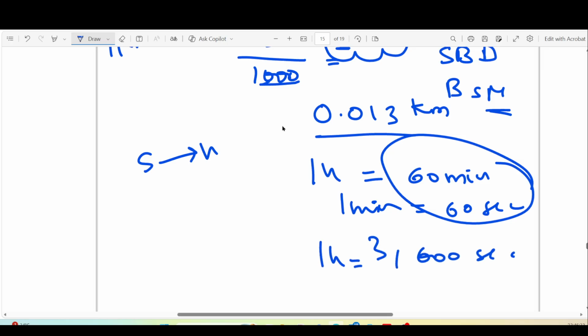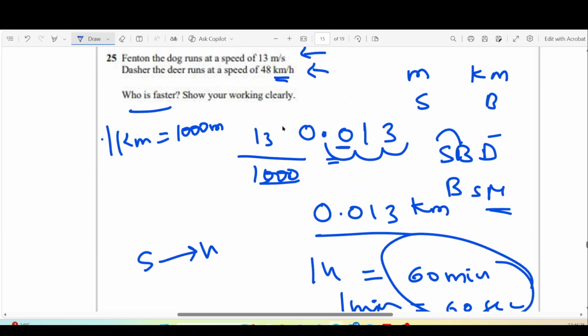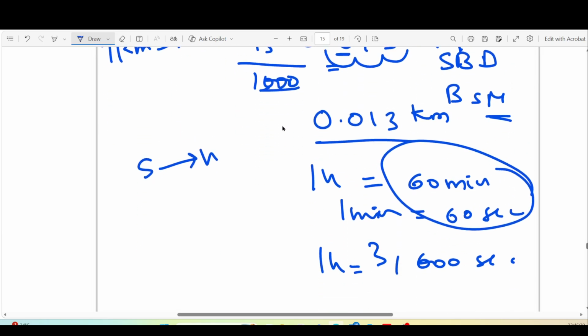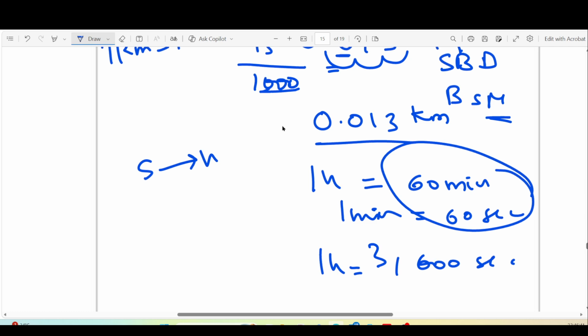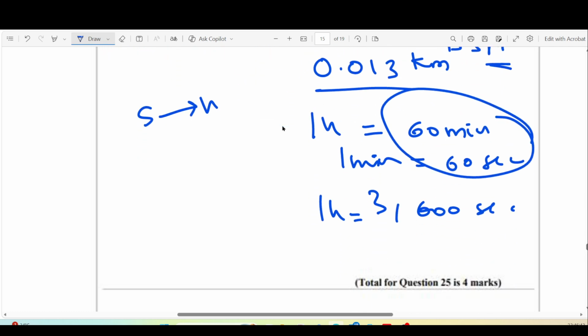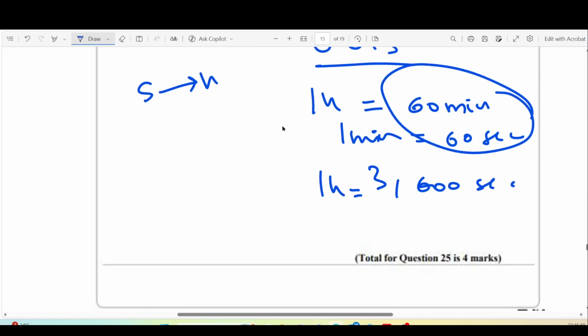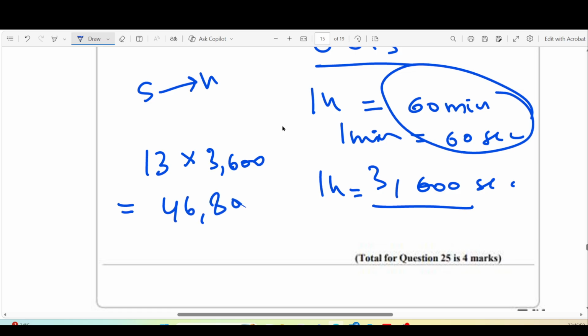Okay. So now the final conversion is, because it is 13 meters, right? So we will multiply 13 with this 3600, which is 46,800.